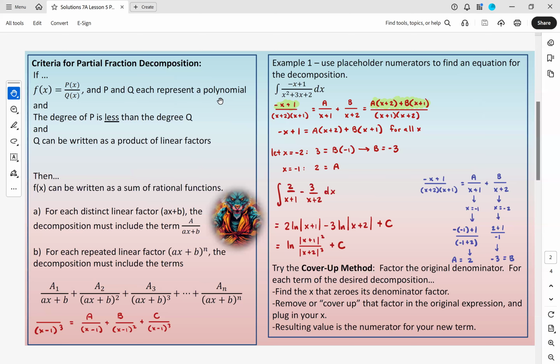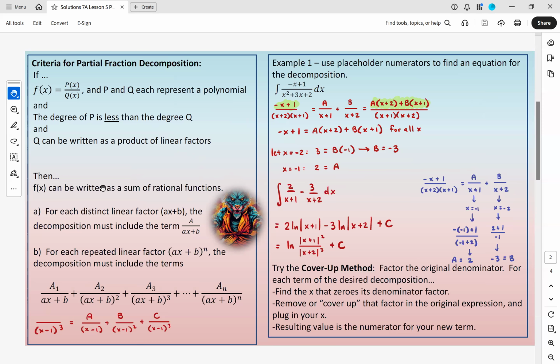For our strategy to work, we need the degree of the numerator, I'm calling it P here, to be strictly less than the degree of the denominator, that I'm calling Q. We would also need the denominator to be factorable into linear factors, meaning x to the first plus or minus a constant.